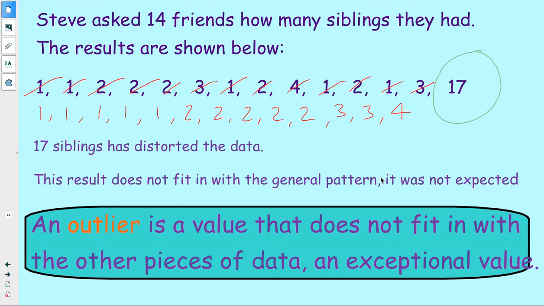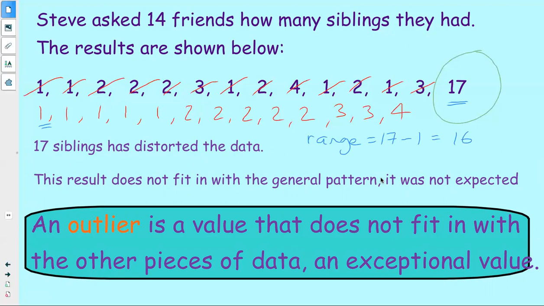If you were to work out the range, for example, what we've just done there, with the 17 in your data set, what would the answer be? So your range with the 17 in your data set, biggest number would be 17, smallest number would be 1, so the range in this data set would be 16.